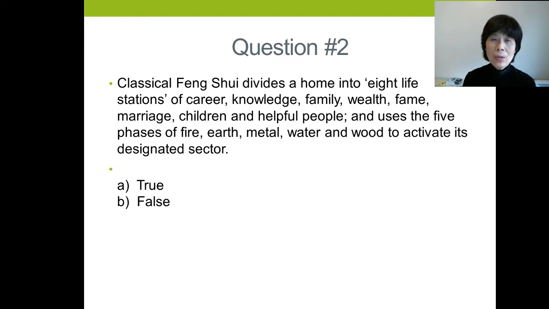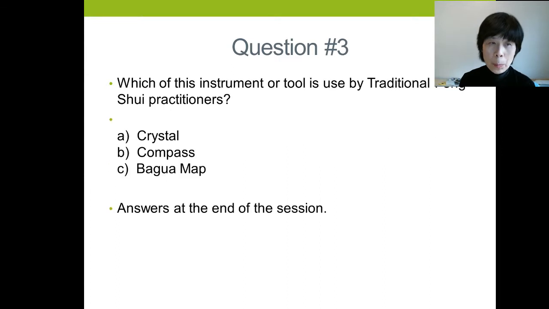Okay, so have you written down your answers? Let's get on to question number 3. Question number 3. Which of the instrument or tool is used by traditional Feng Shui practitioners? Is it letter A, crystal? Is it B, compass?